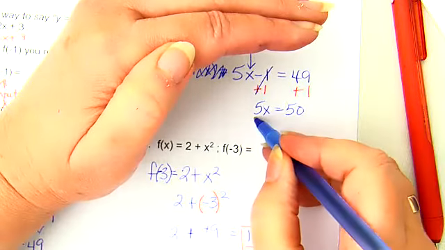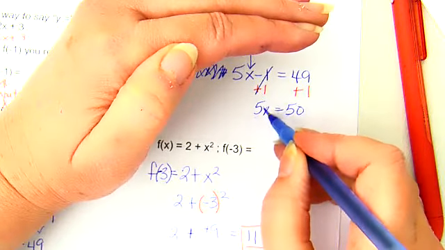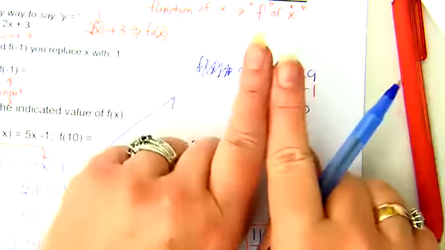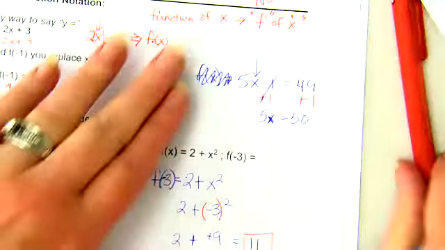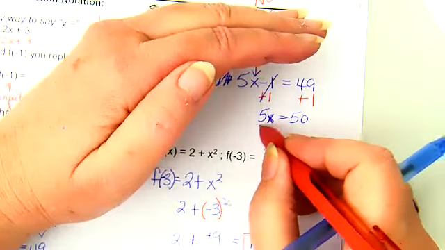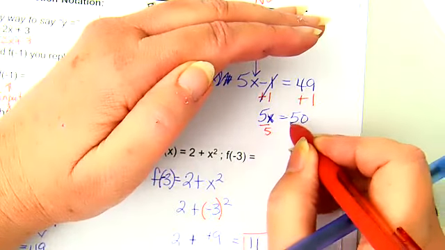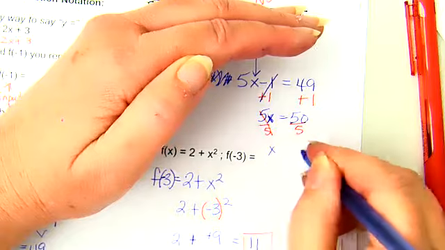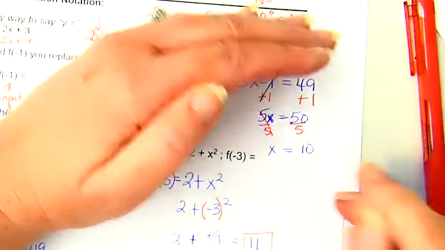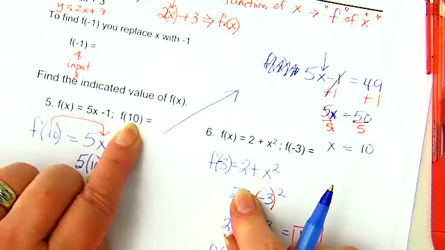Then I'm trying to get to the x, and they're stuck together. When they're stuck together, that means multiply, and the inverse of that would be divide. So I would divide by 5, divide by 5. Beep. X equals 10. So I found the 10, but the 10 is the x.